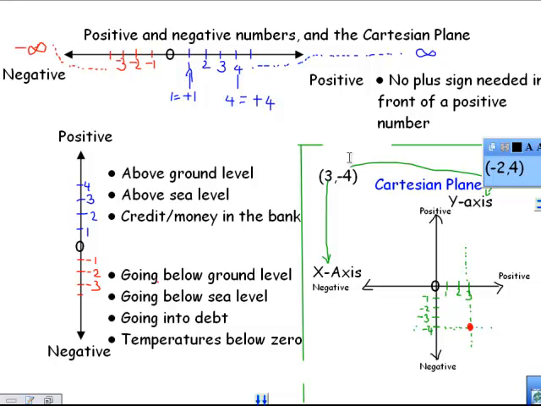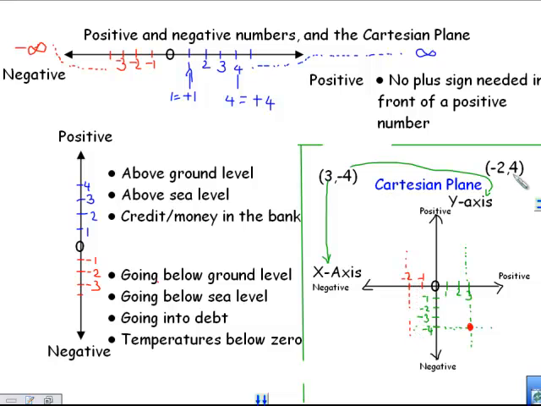So once again, all you need to remember is that the first value, the -2, is the x value. So on my x-axis, I need to find -2. So it's going to go into the negative side, -1, -2. So -1 lives here, -2 lives here. So here is -2 on my x-axis.